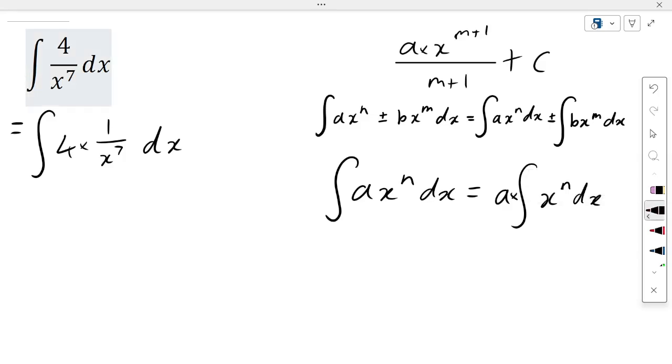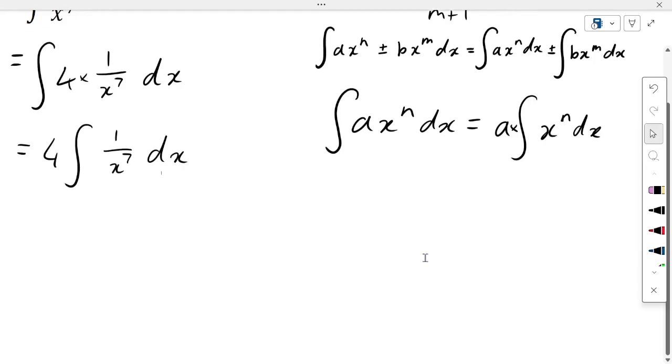And then because we have this constant like this, we can also write this as 4 multiplied by the antiderivative of 1 over x raised to the power of 7 with respect to dx. Okay. Before we integrate, we can also write 1 over x to the power of 7 differently.